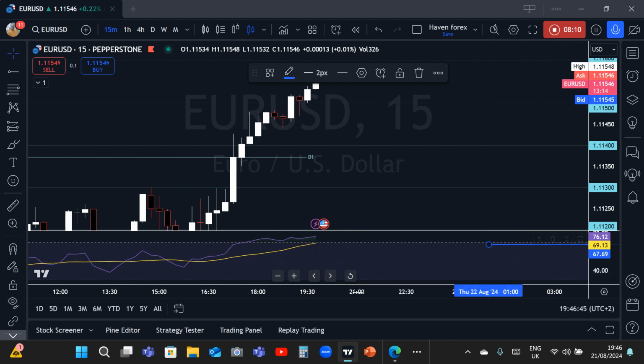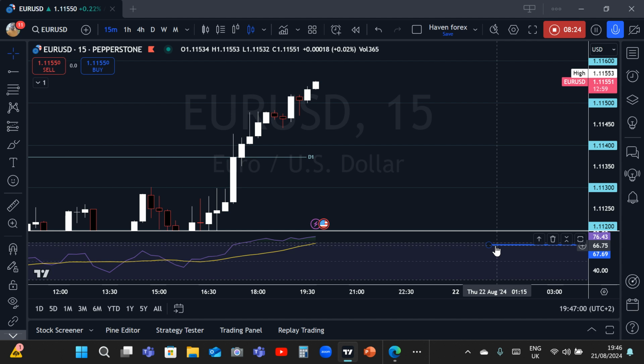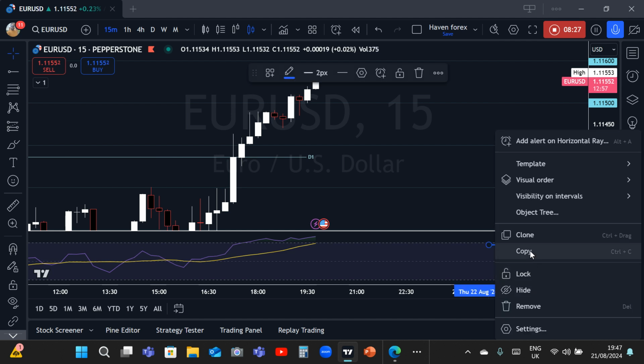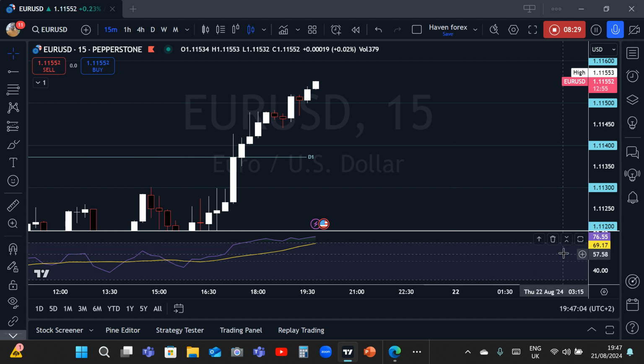It's 69.15. Can you see it, guys? It's telling us that any moment from now, we are gradually moving into an overbought condition.